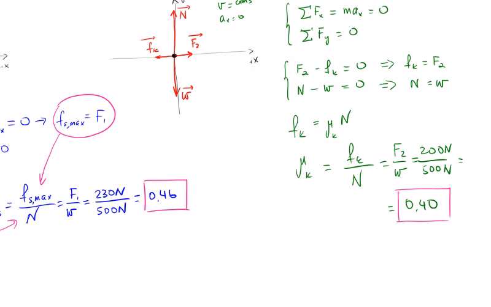This is what we expected, the coefficient of kinetic friction to be less than the coefficient of static friction. So mu k is less than mu s. There is one little thing that I'd like you to notice: whenever the crate breaks loose, velocity changes from 0 to its final constant velocity.